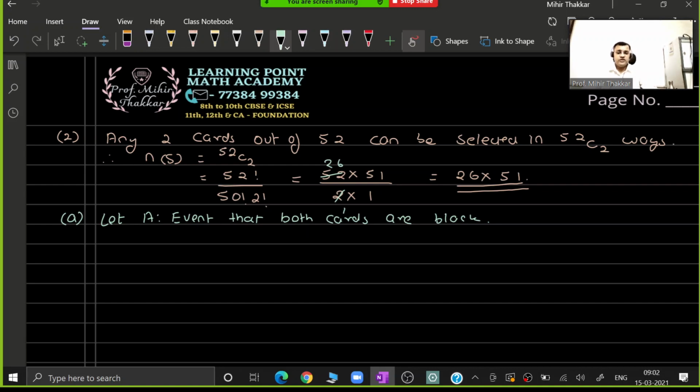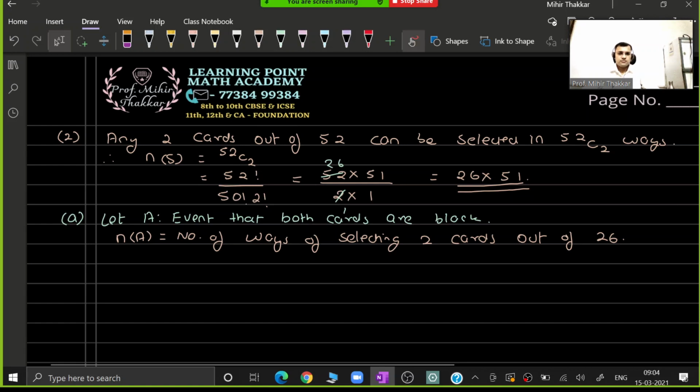So now guys, we know that there are 26 black cards as we had seen some time back. So I can say n of A is equal to number of ways of selecting two cards out of 26.